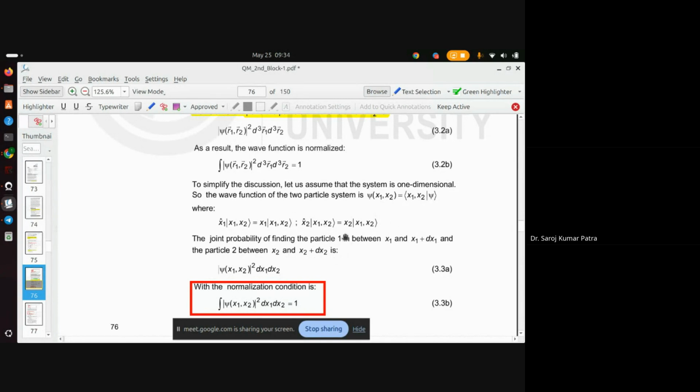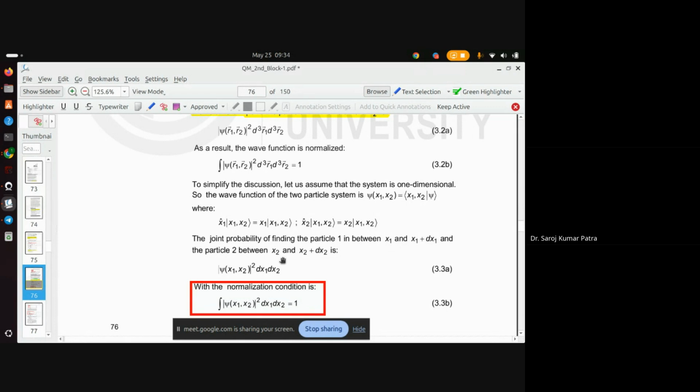What exactly are we doing here? We have two particles. Initially, particle 1 is at x1 and particle 2 is at x2. Now we are interested in finding, quantum mechanically, the probability of finding those two particles. Particle 1 will be at x1, so we take the window between x1 and x1 plus dx1.